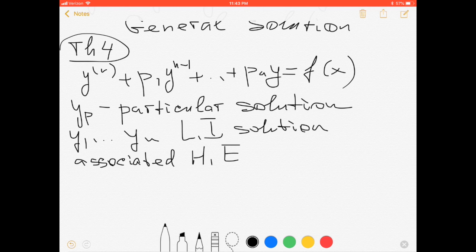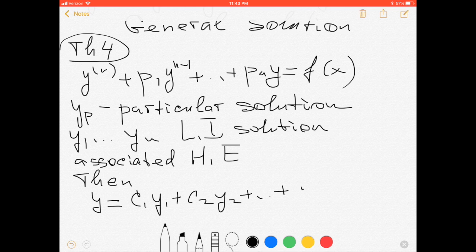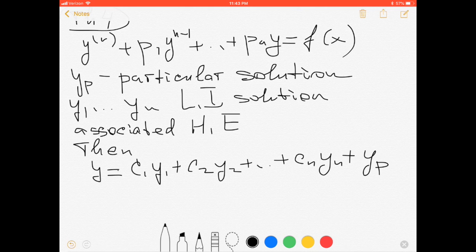Then y equals the linear combination c1y1 plus c2y2 plus ... plus cnyn, plus the particular solution, will be the solution of our equation.